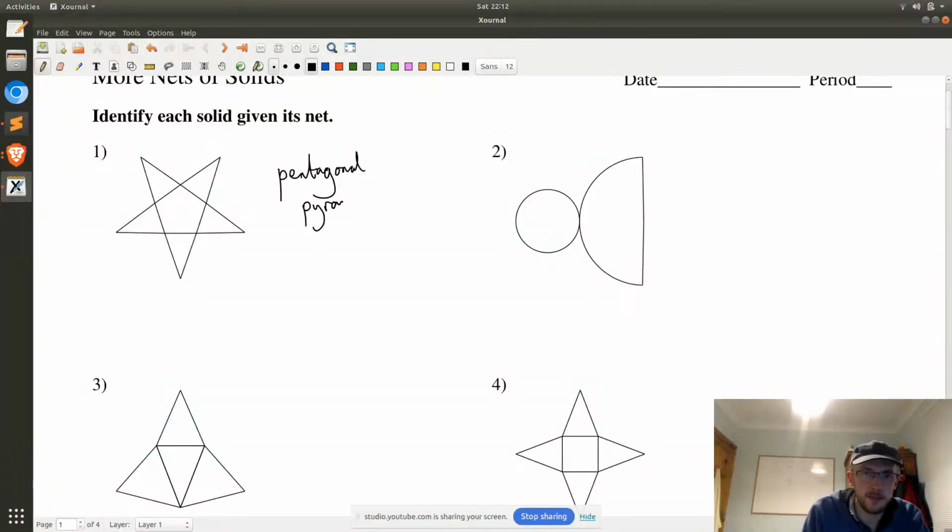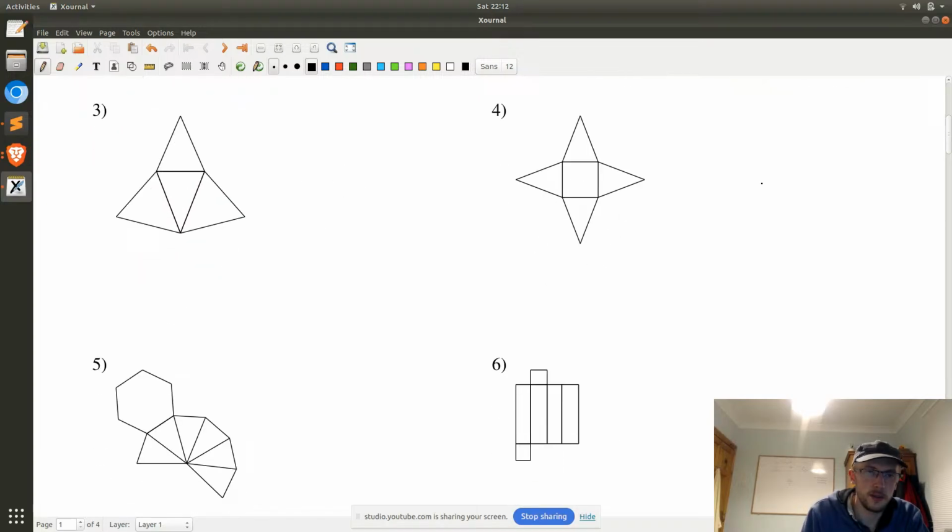Pentagonal pyramid. That is a cone, though it may not look it. It is a cone. Triangular pyramid.